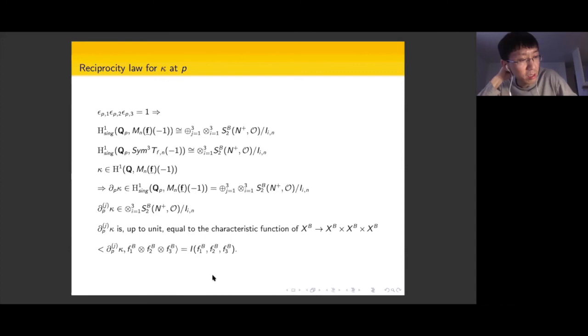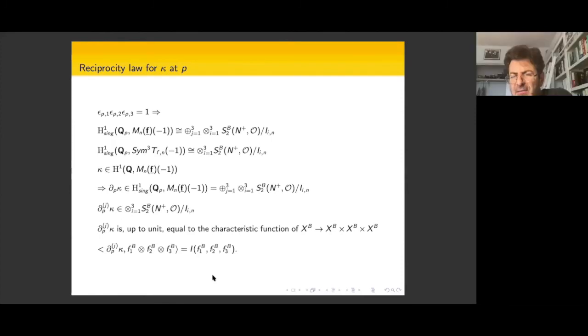It's natural to think of a single modular form tensored with two theta series, and this decomposes. I actually never tried this, but it's probably something worth thinking about.